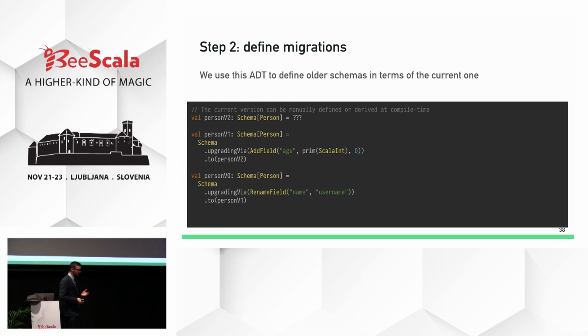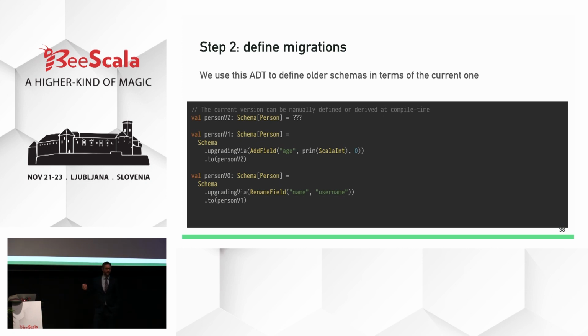Then, step two, I want to build some kind of changelog of my ADT. I'm starting from, and that's the tricky part, I'm going backward. I'm starting from the current version that I could, I don't know, write by hand or derive at compile time, that's allowed.